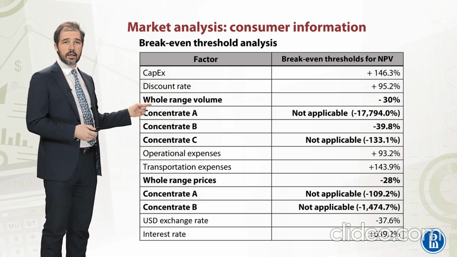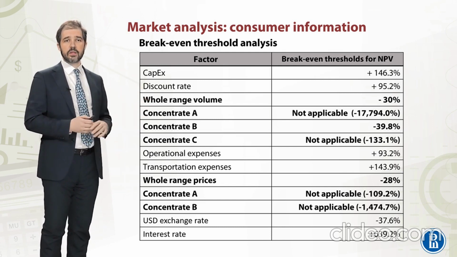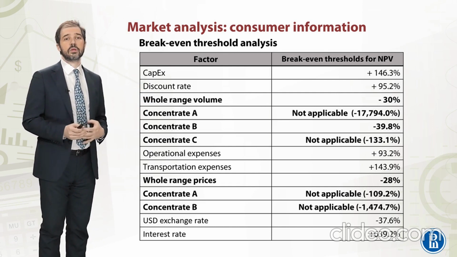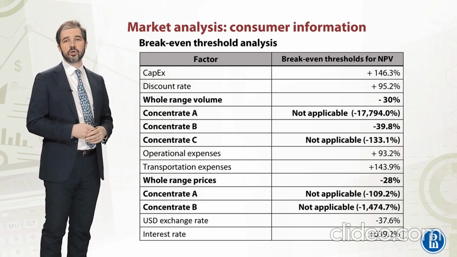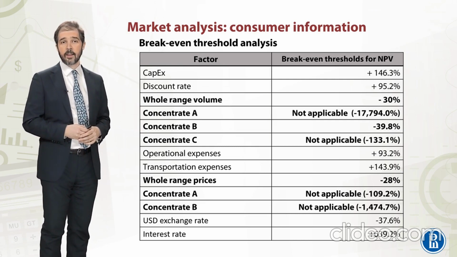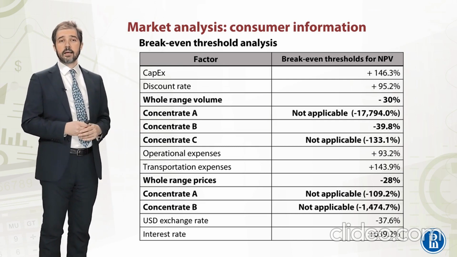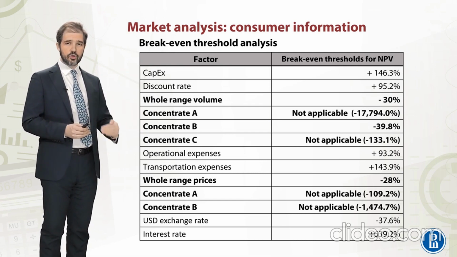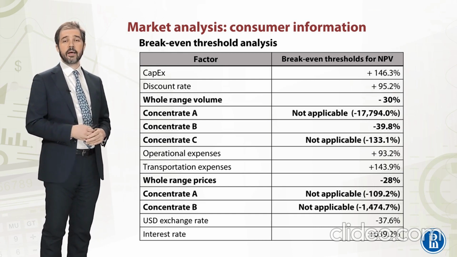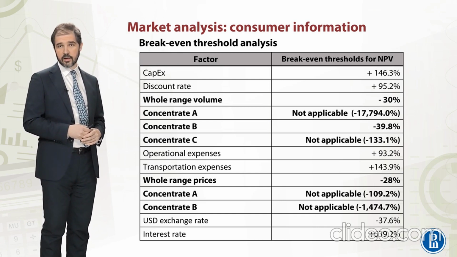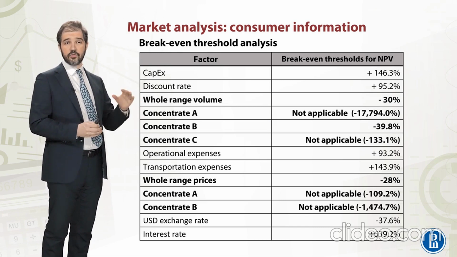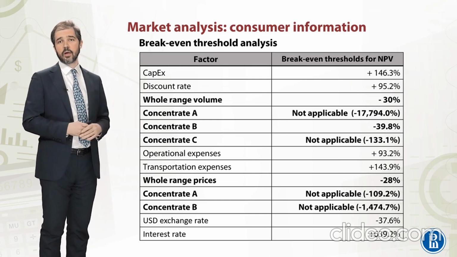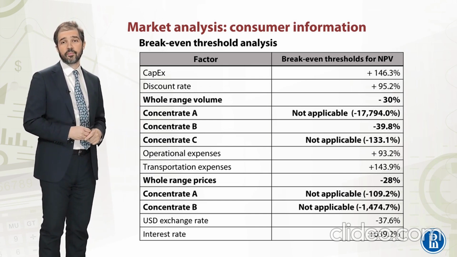If we will play individually with different products, this may lead to some more difficult issues and cause some problems. Because you see here that concentrate B, second type of the product, if we reduce production and sale by 39.8%, this will individually, yes, only individually this concentrate B, this will bring NPV down to zero.